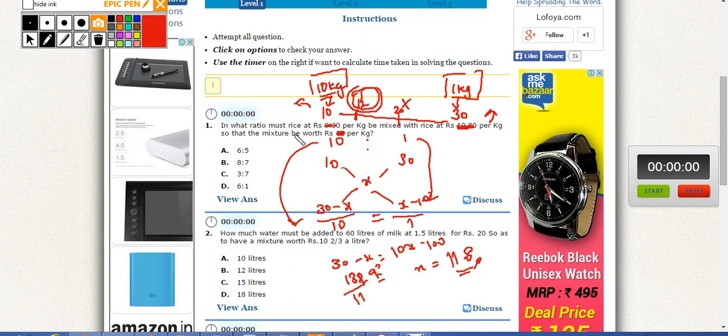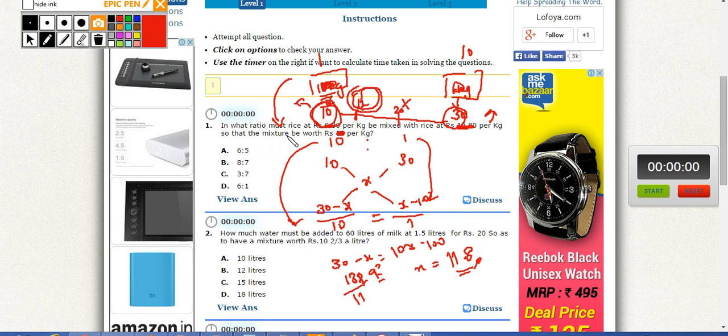So what does that mean? I have mixed it heavily, and the ratio in which I have added this 10 rupees rice when compared to this 30 rupees rice is what makes the difference. For example, what if I add 10 kg of basmati rice with just 1 kg of ordinary rice?